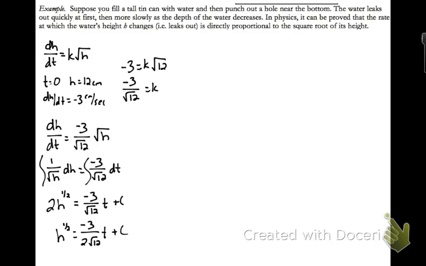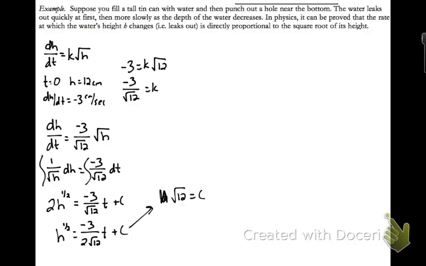And remember that when t equals 0, h has to be 12. Right, so that'll be important in our work. That when t equals 0, h is 12. This tells me that the square root of 12 should equal c.